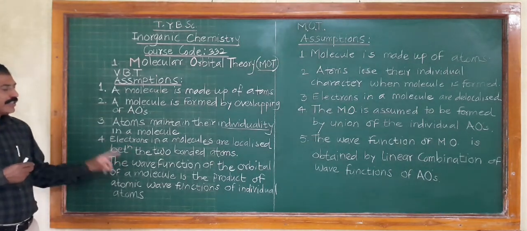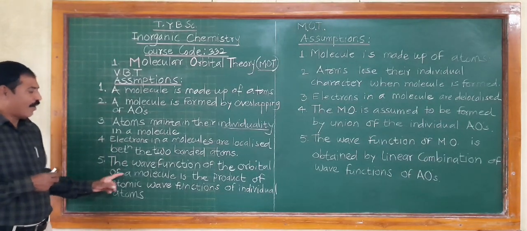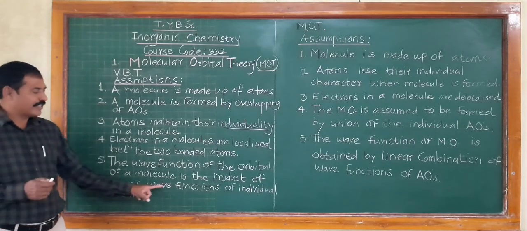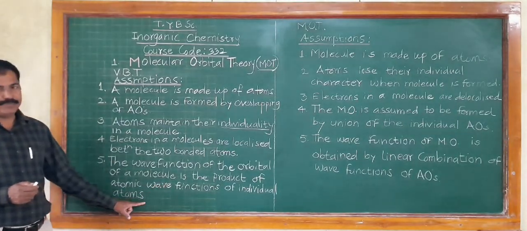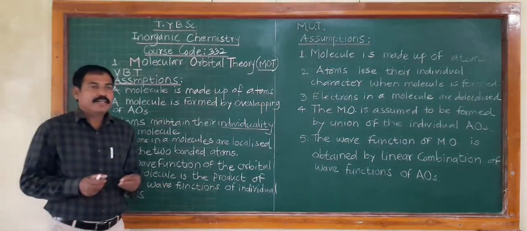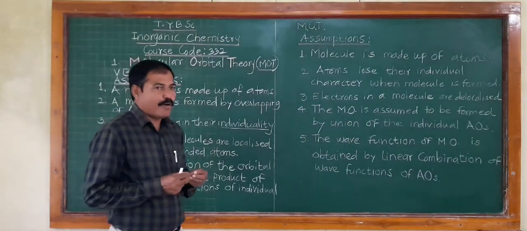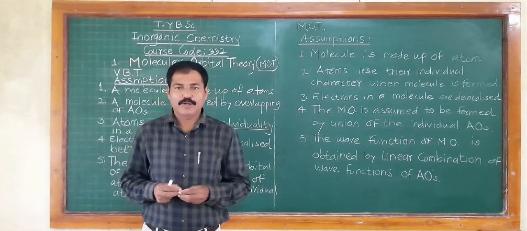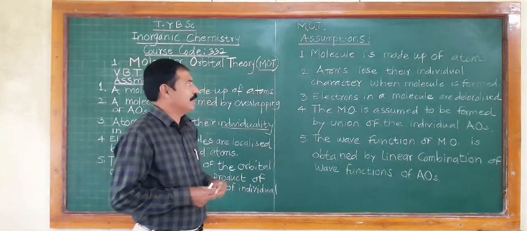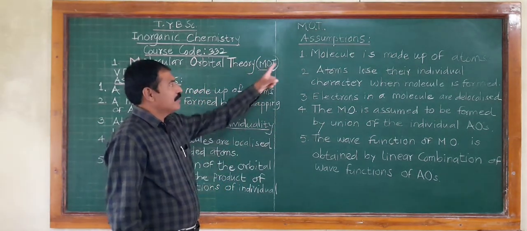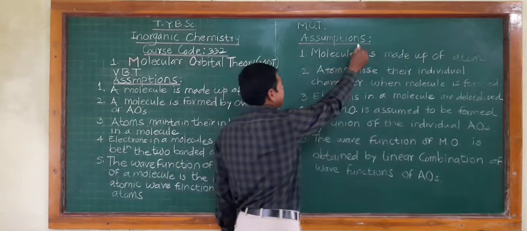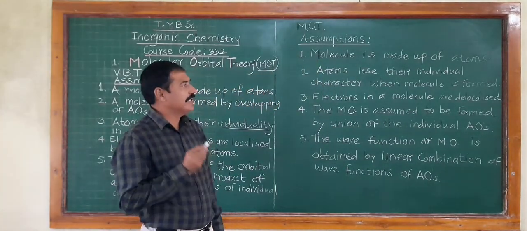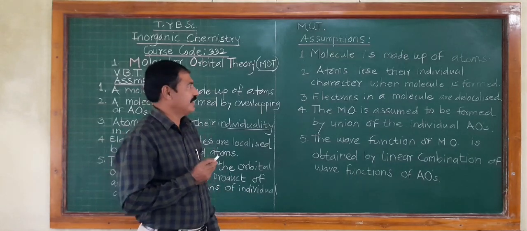The wave function of the orbital of a molecule is the product of the atomic wave functions of the individual atoms. Now, a molecule is formed by the combination of atoms to form molecular orbitals. So the assumptions of molecular orbital theory are, first, a molecule is made up of atoms.